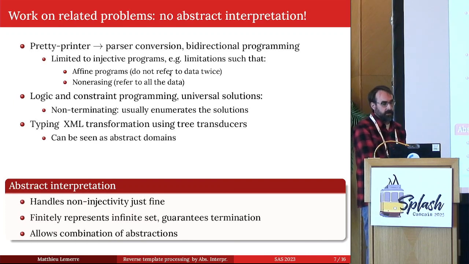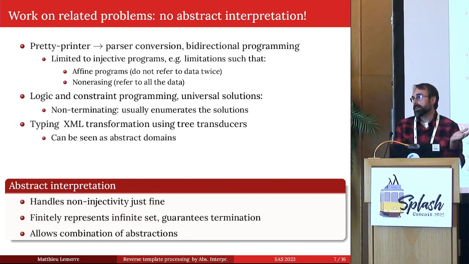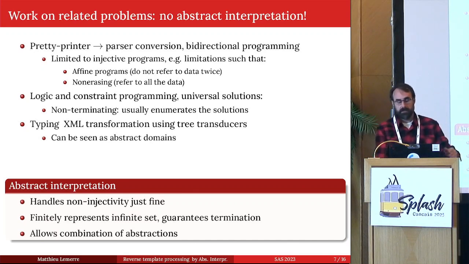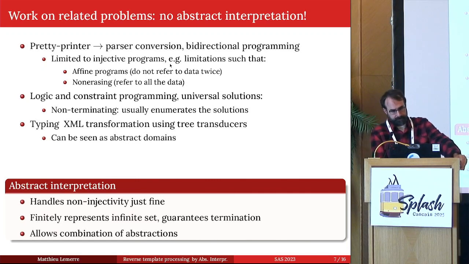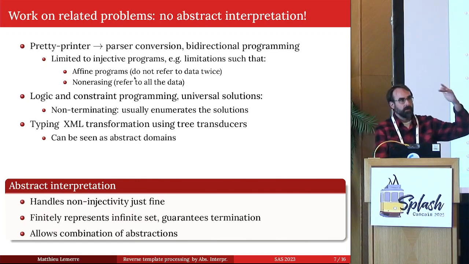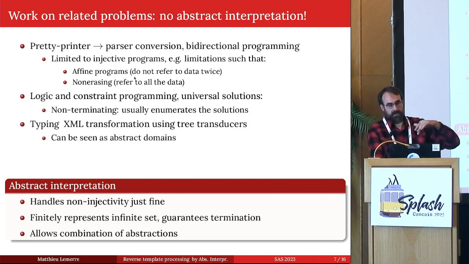Basically, in the case studies that we want to handle, none of the templates would obey these restrictions. There are also solutions based on logic and constraint programming, which have a generic technique for program inversion, but they are non-terminating because they generally enumerate all the possible solutions, and we have an infinite number of them, so it cannot work here.